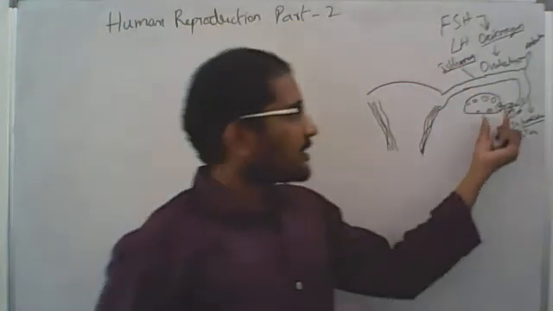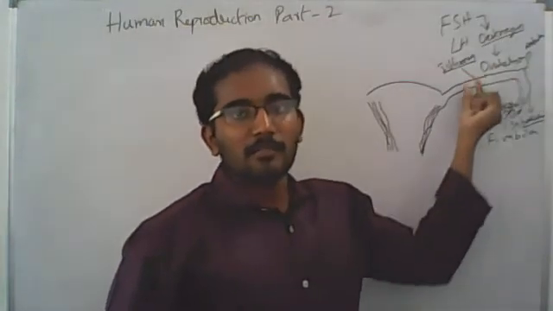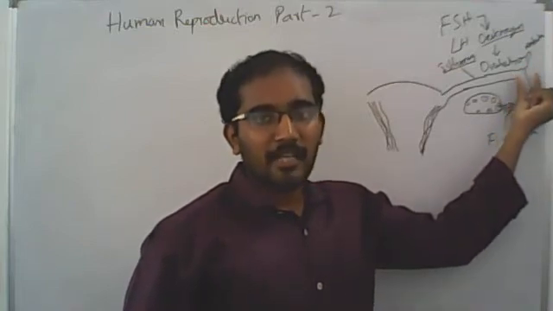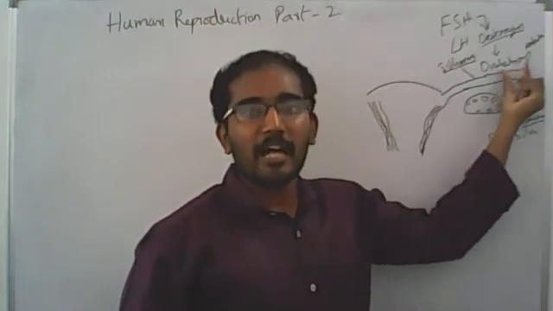When the ovum moves into the fallopian tube, the ampulla is the place where fertilization may occur.